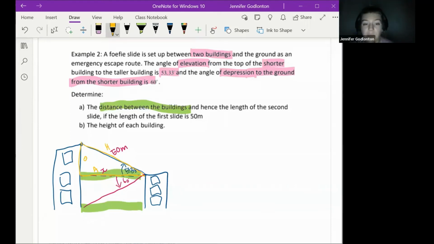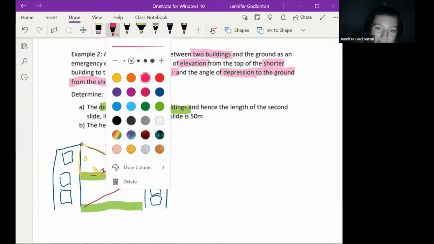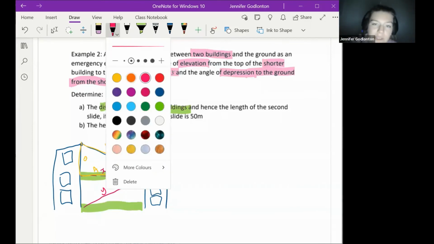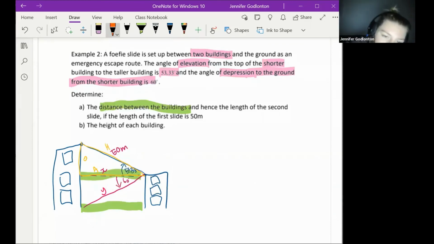This is me just helping you a little bit. From here, I want you to try. In this question, they first want you to find x, and then they want you to find y. And in y, you will be dealing with this triangle over here. Do your best. Tell me what x and y are going to be.